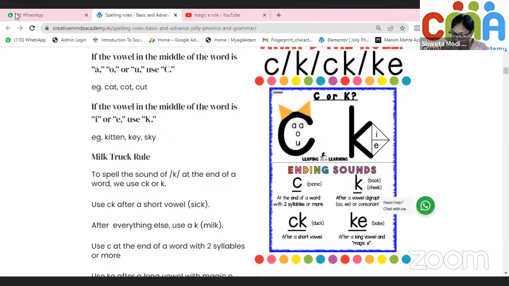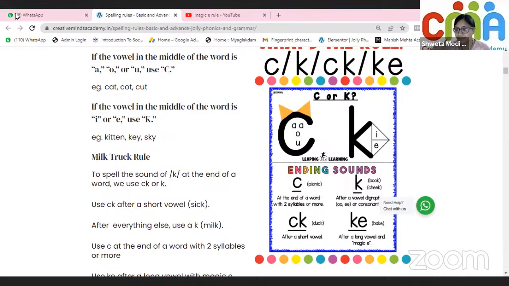Yes, very good. So I got the words bank, junk, milk, silk, work, pink, very good. Whenever your chin is going down, it is 1 syllable. So in the word picnic, your chin is going down twice, so it is a 2 syllable word and it has C at the end.